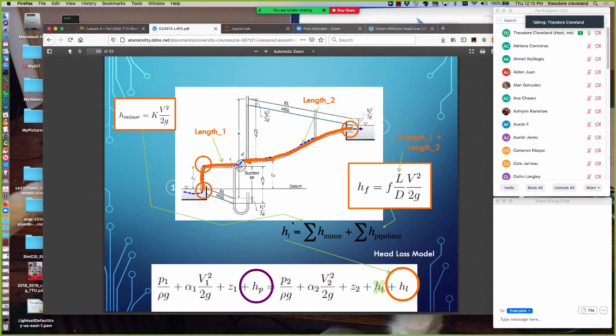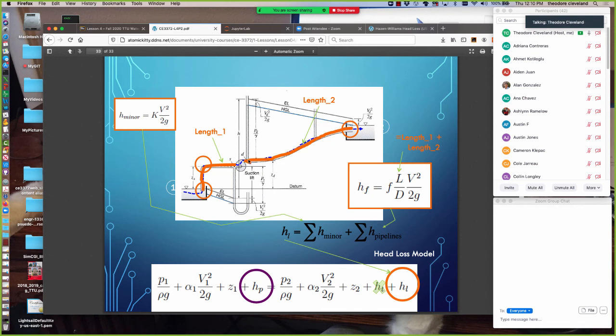How all that plays into hydraulic system design and analysis is, here we have an orange pipe here and here, and we can compute or at least prepare evaluation expressions for the pipeline head loss in these two orange pipes. Those would be the f L over D times V squared over 2g. And so this length would be the length of part 1 plus the length of part 2.